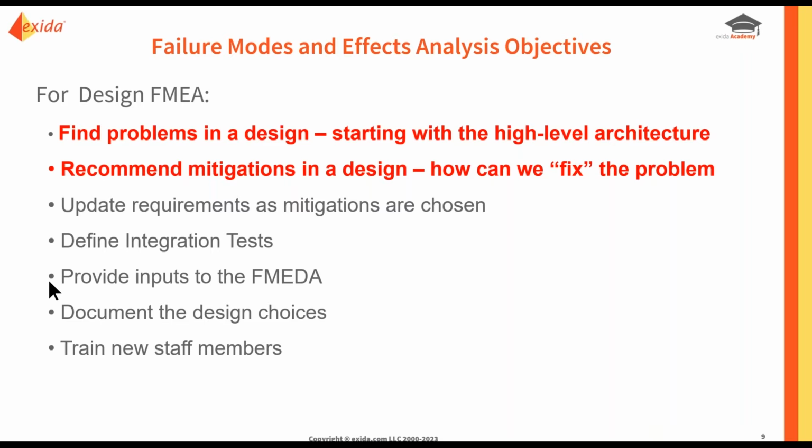In effect, we document the design and the design choices, and often even you can see by looking at it what the rationale is for those design choices. And that's valuable documentation, not only for future designers, but for training new staff members. And it's valuable evidence if you're going to proceed with a functional safety certification or a cybersecurity certification.